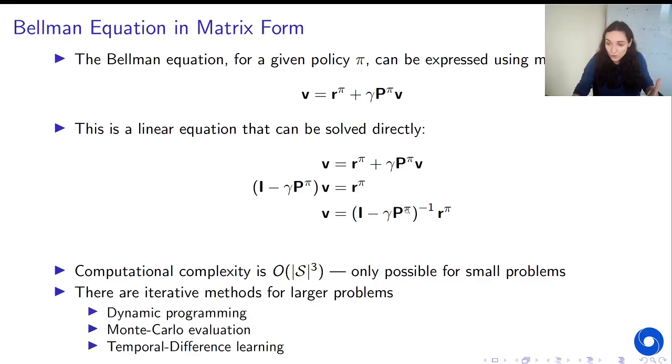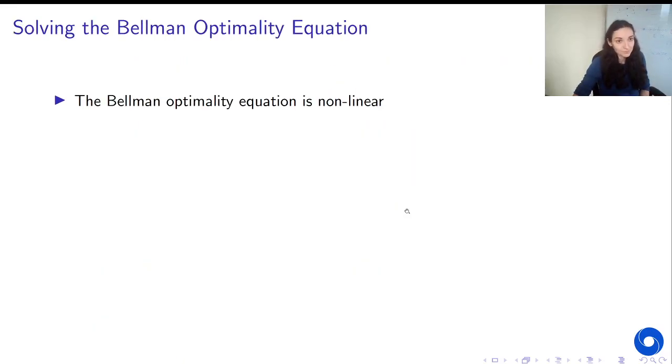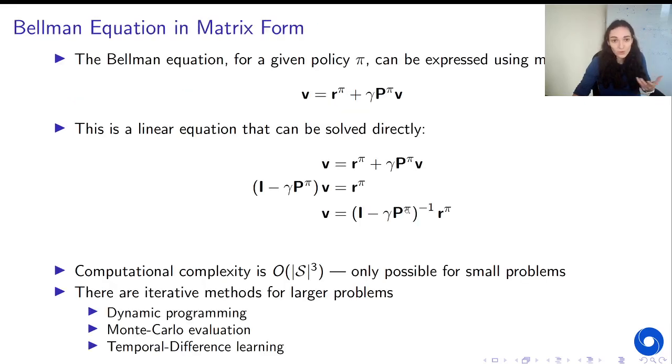Fortunately, for larger problems and larger state spaces, we have iterative methods like dynamic programming, which we're going to see next, or Monte Carlo evaluations and temporal difference learning methods. Now, this is a solution for the evaluation problem.